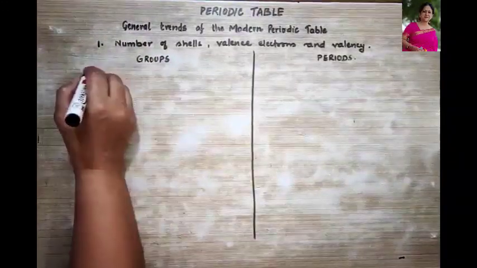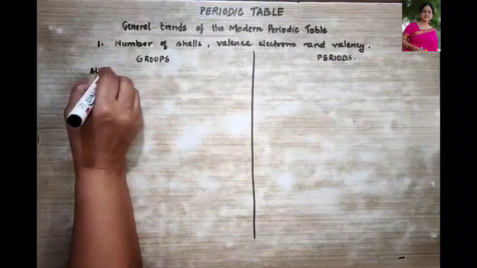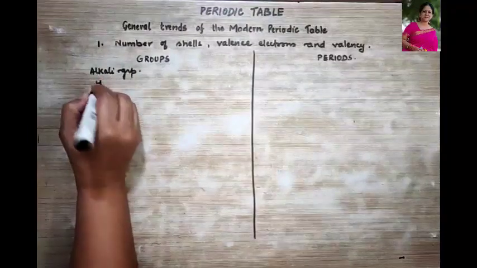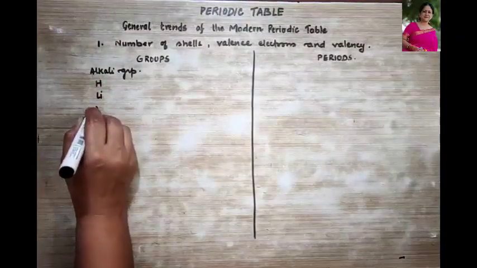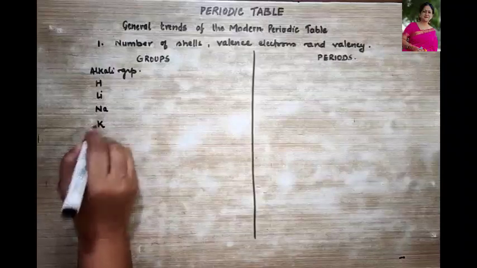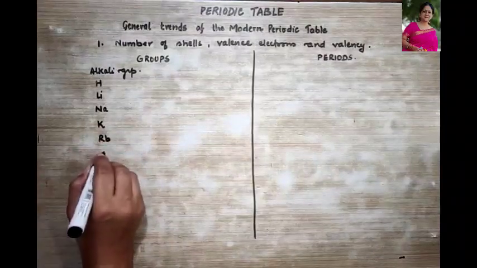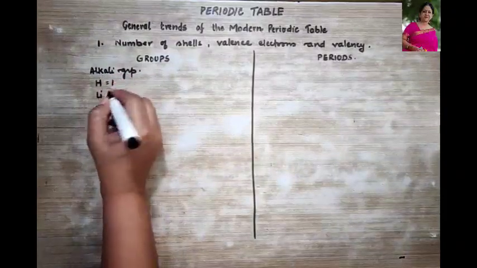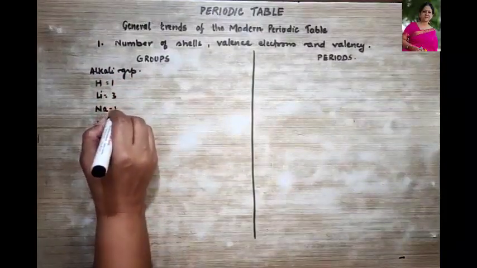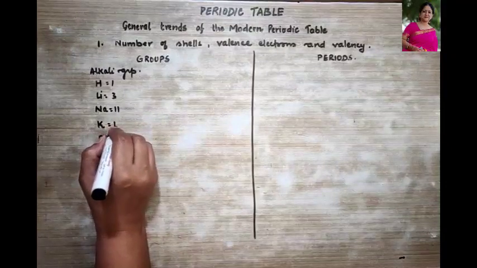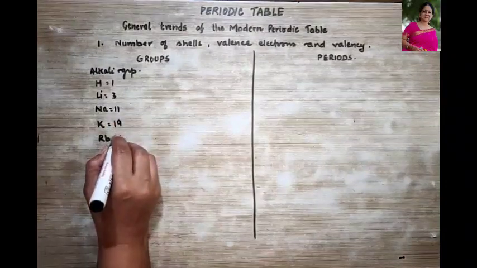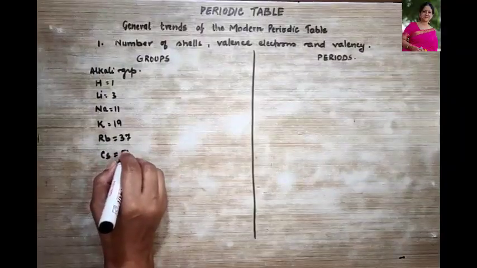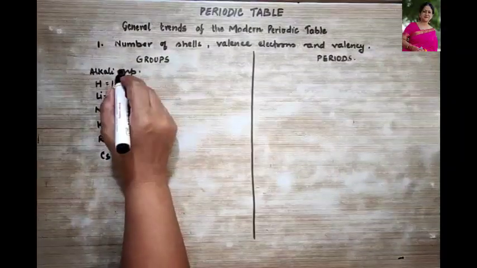Let me take the alkali group: hydrogen, lithium, sodium, potassium, rubidium, cesium, with atomic numbers 1, 3, 11, 19, 37 and 55. Let us configure this now.